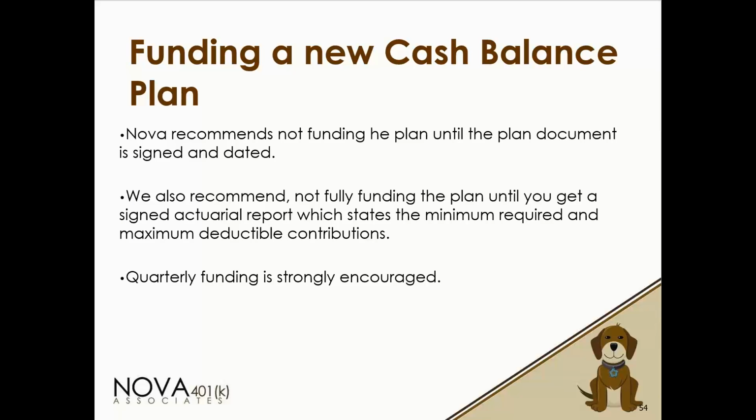And then funding your new cash balance plan, we encourage you to wait till your plan document is signed and dated to fund. That's also when the trust gets established, as part of the plan document. We encourage quarterly funding, but we understand that every business is different and has different cash flows.